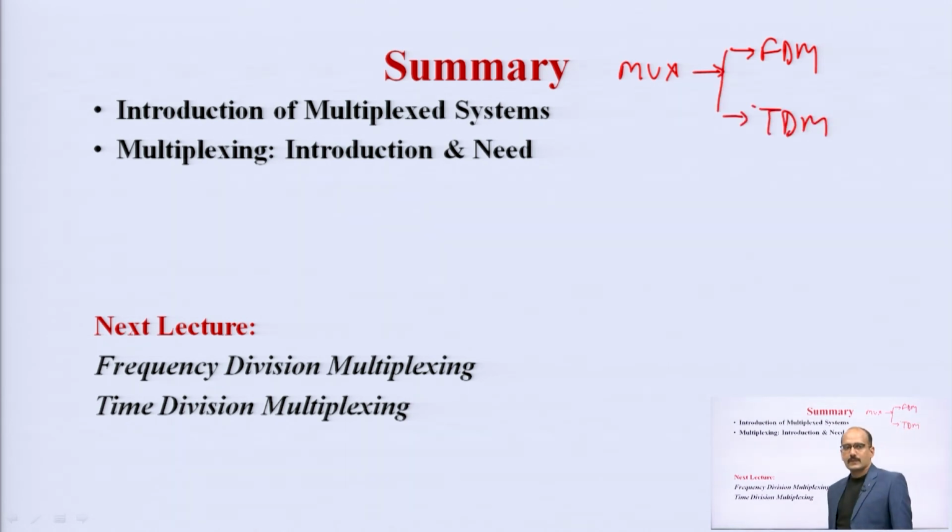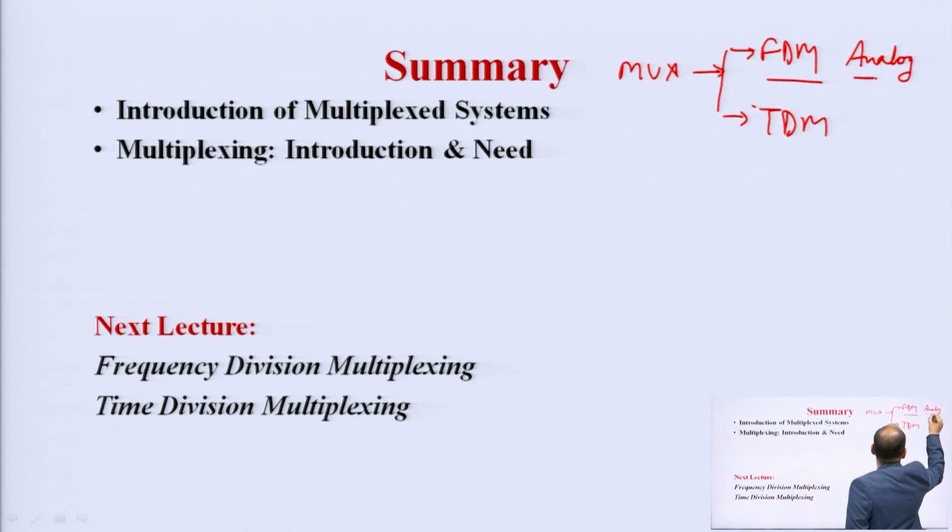As you can understand, in FDM we are allocating the particular line by dividing it to the various users in the form of frequency bandwidth that is used for the analog transmission.